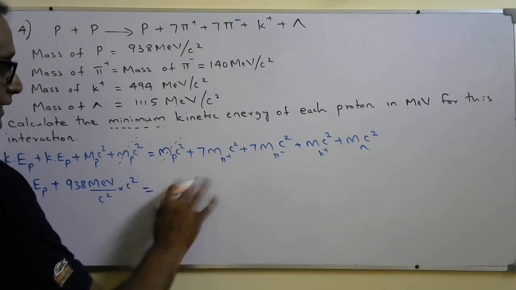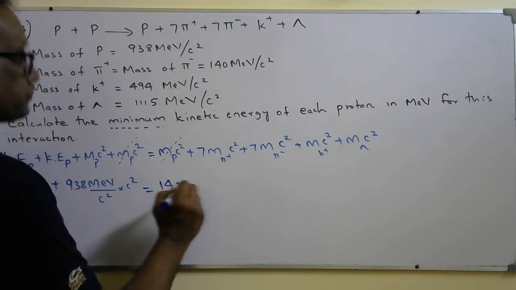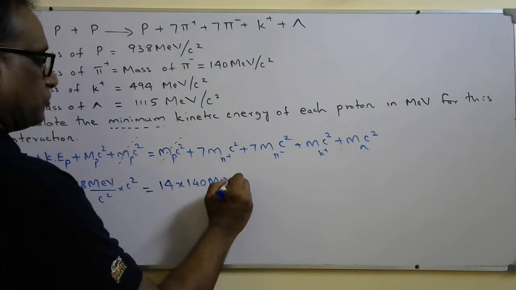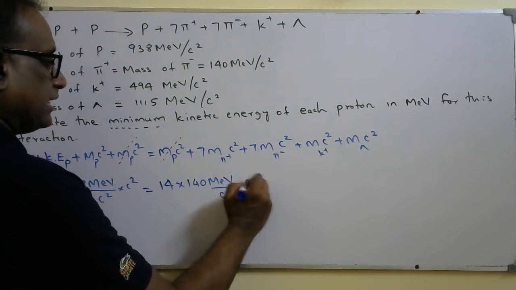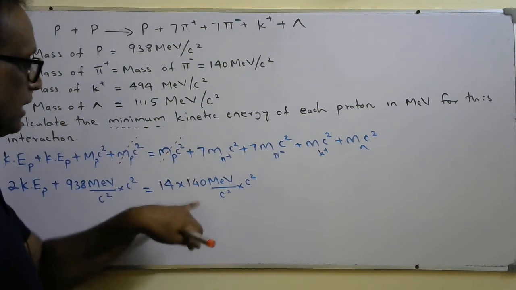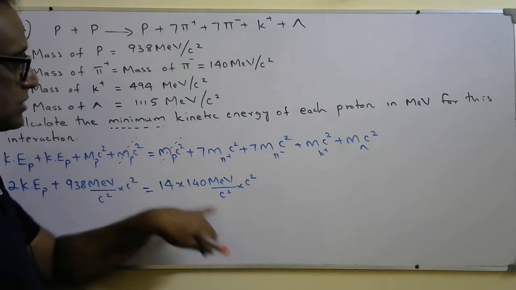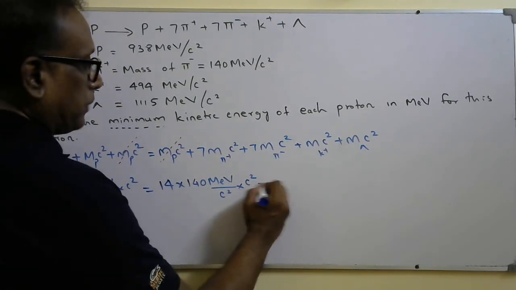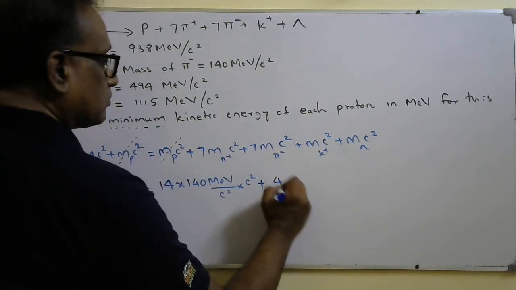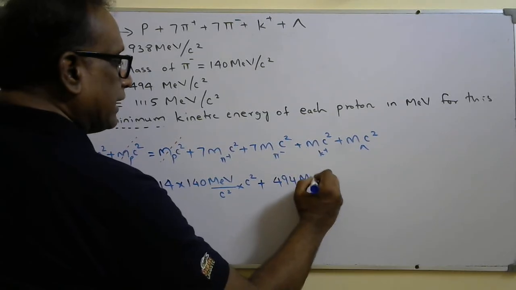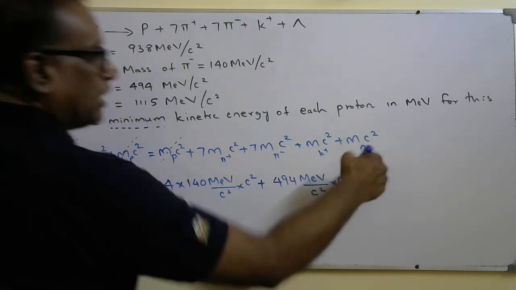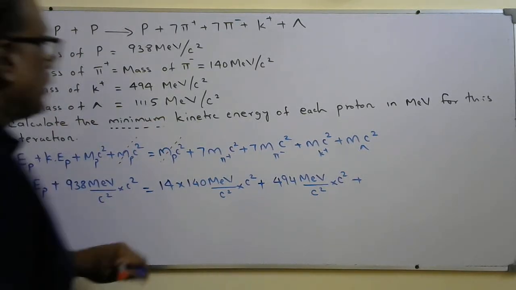So I don't need to do it separately: 14 times 140 mega electron volt over c squared into c squared, plus mass of K plus. Mass of K plus is 494 mega electron volt over c squared into c squared, plus mass of lambda, that is 1115.